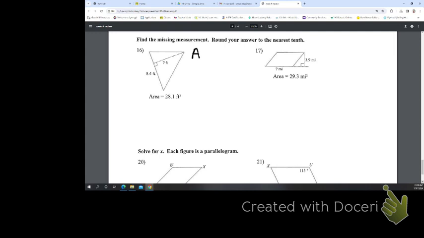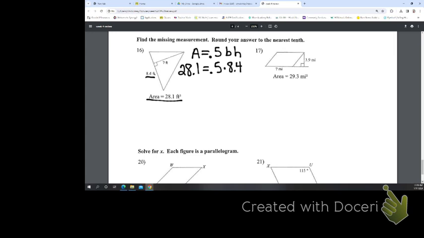So if I write down, it's a triangle, so area equals 0.5 times the base times the height. Well, here I know the area. So 28.1 goes here. 0.5. The base is the 8.4.